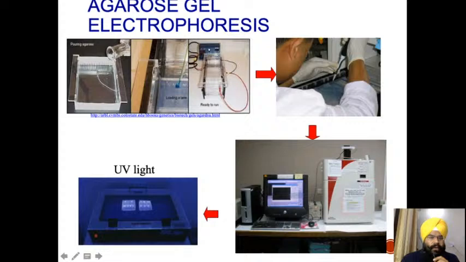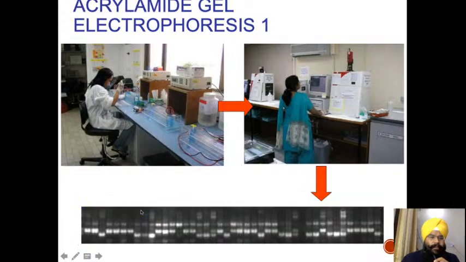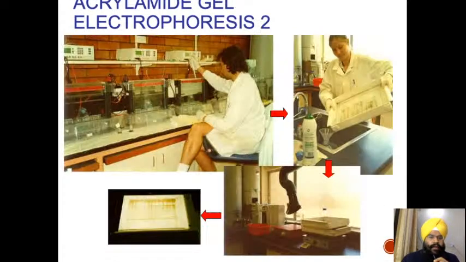Then they run for electrophoresis. Then we check them under the special system to see where your band is. Then under UV light you can check where your bands are standing. So this is the lab they have shown, how people are working in the lab.